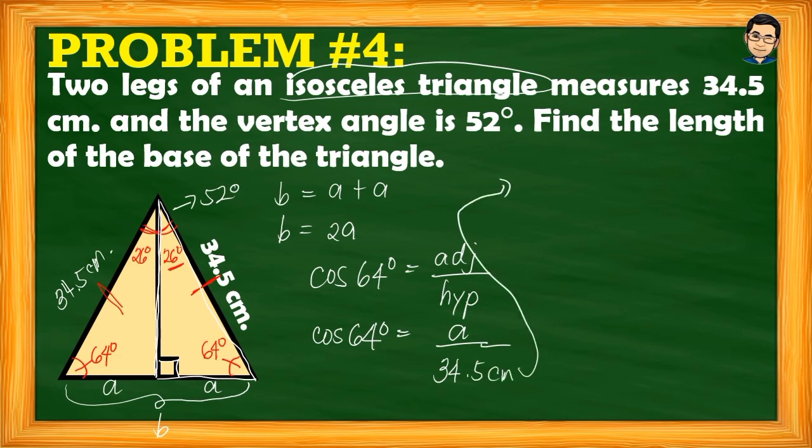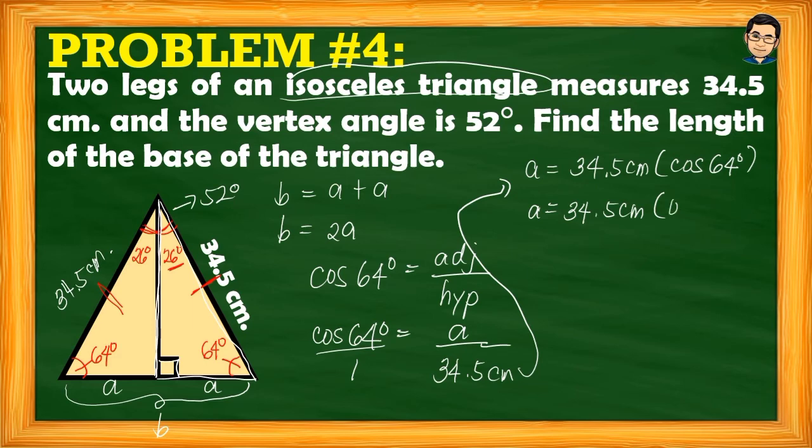Okay, so cross multiply lang natin. So magiging ganito siya. A is equal to 34.5 centimeters times cosine 64 degrees. So press lang natin sa calcu kasi hindi naman special angle yung 64 degrees. So cosine 64 degrees, the approximate value is 0.4384.